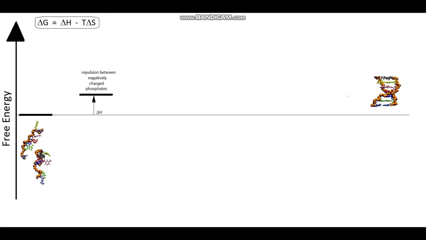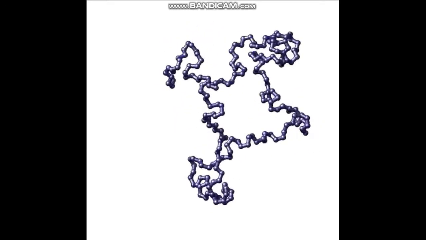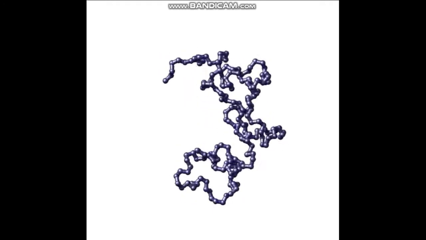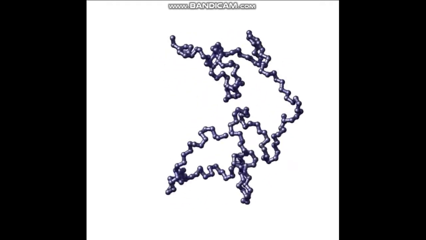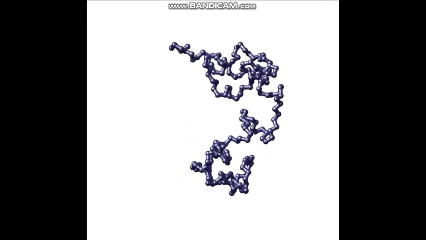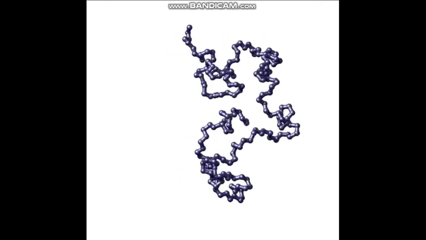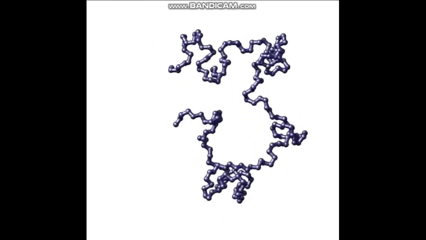There was another really important thing to do with the backbone, which we also then considered. We explored the idea that because the backbone of DNA is made of single bonds, it has a great deal of rotational freedom, and that allows it to sample a great many different arrangements in terms of its overall shape.